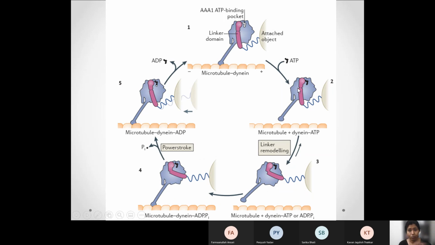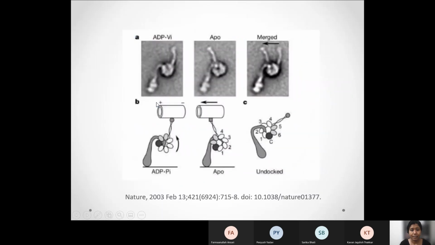So if it is not bound by ATP, if it is bound by ATP, if the ATP is hydrolyzed to ADP plus Pi, and if the Pi is released. So at each of the states, you see that the linker position is different. And what this creates is a distance between the tail, the N-terminal tail, and the ring.